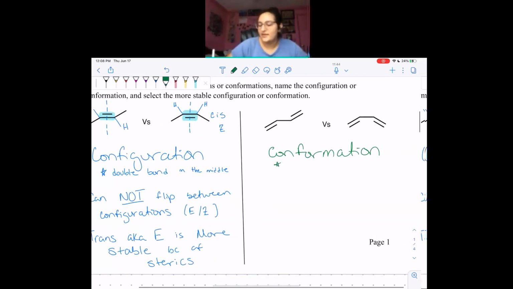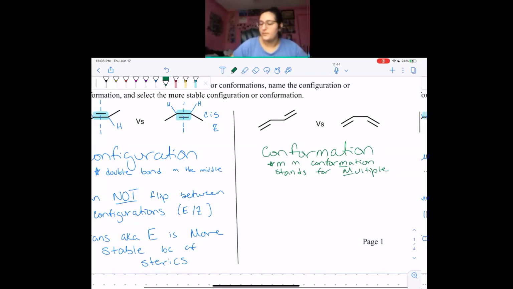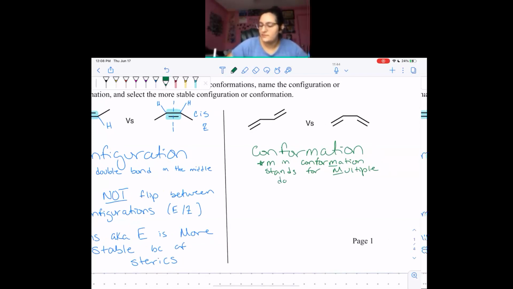And as someone said, the M in conformation stands for multiple double bonds. So that's how you can remember it.